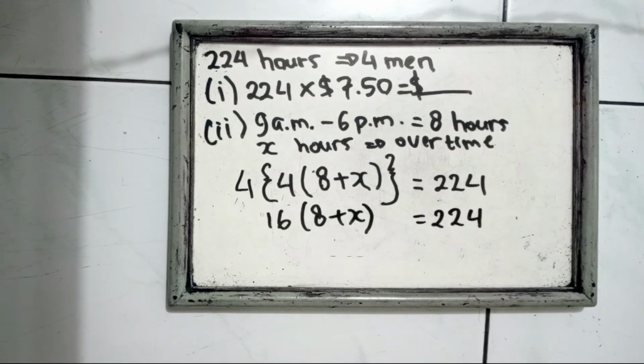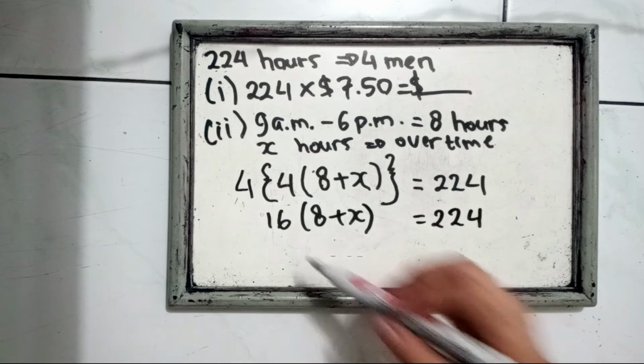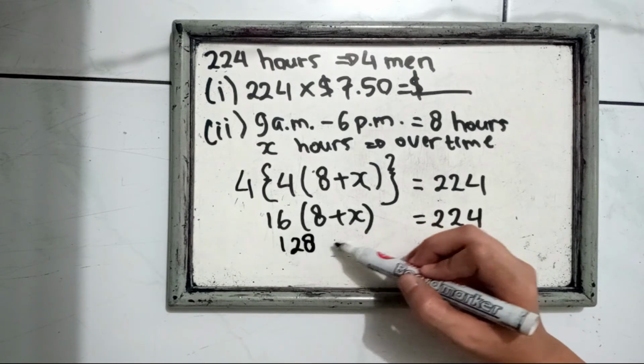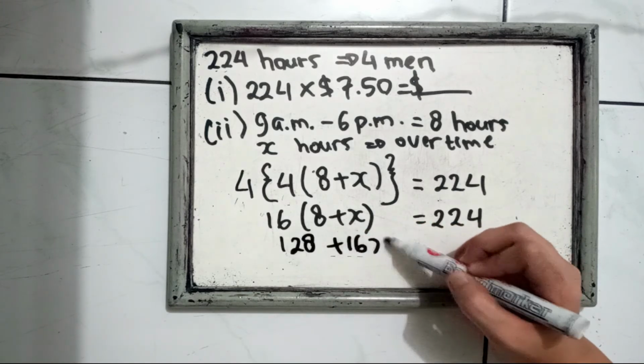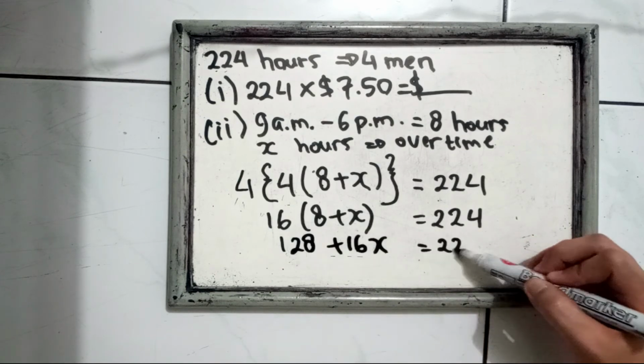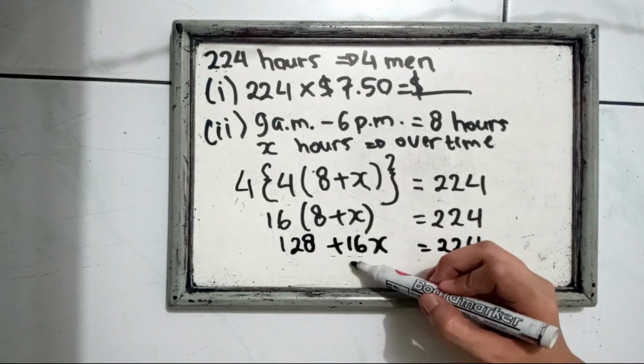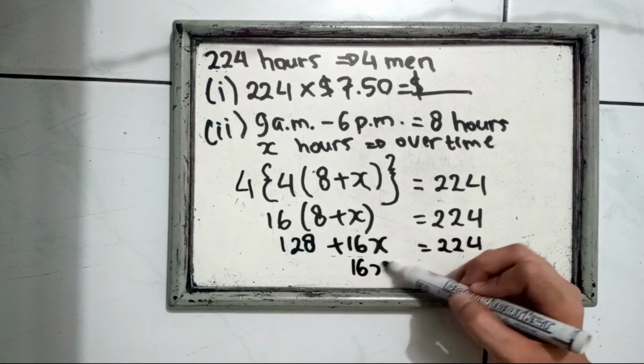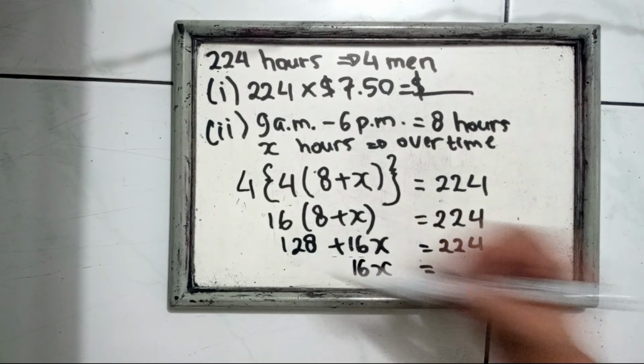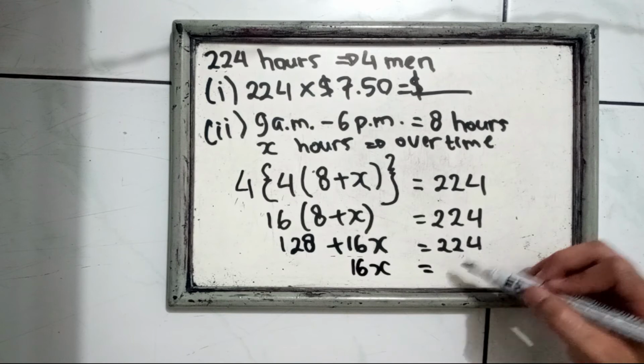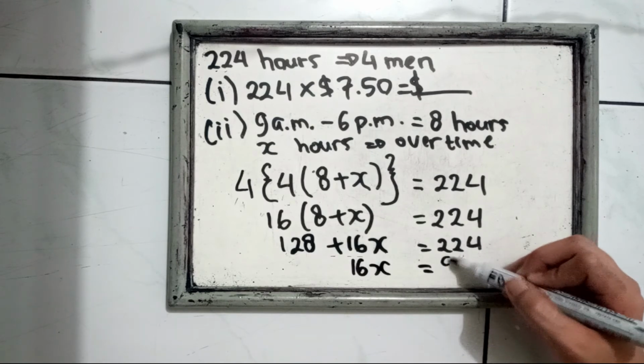And then 128 plus 16x, it will be equal to 224. So 16x will be equal to 224 minus 128, or equal to 96.